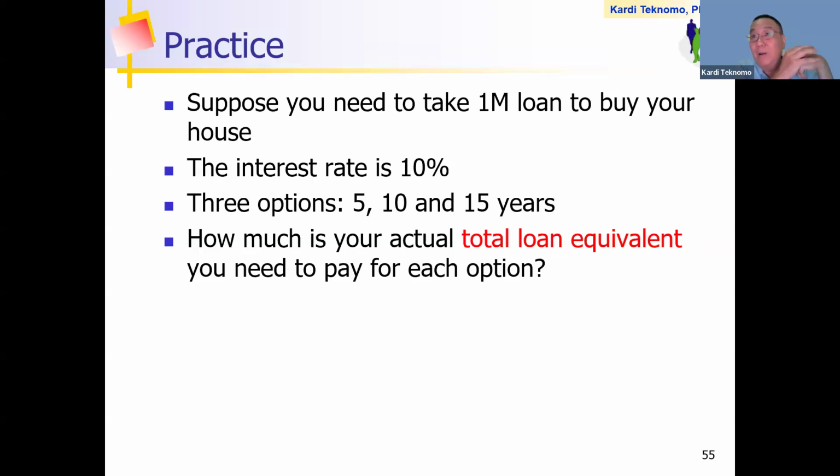Suppose you need to take a 1 million loan to buy your house. The interest rate is 10%. Now you have three options, 5, 10, or 15 years. Then the question is simple. How much is your actual total loan equivalent that you need to pay for each option? Can you calculate that?